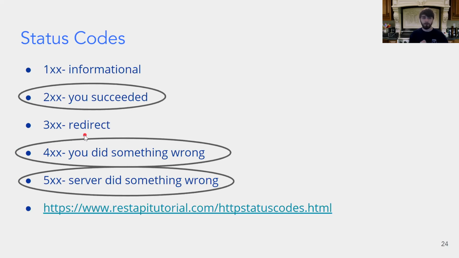But for the most part, you only have to focus on the 200s, the 400s, and the 500s, as generally you won't ever see the 300s, and I don't even think I've ever seen a 100 status code. But they tell me it exists, so I have to tell you about it.